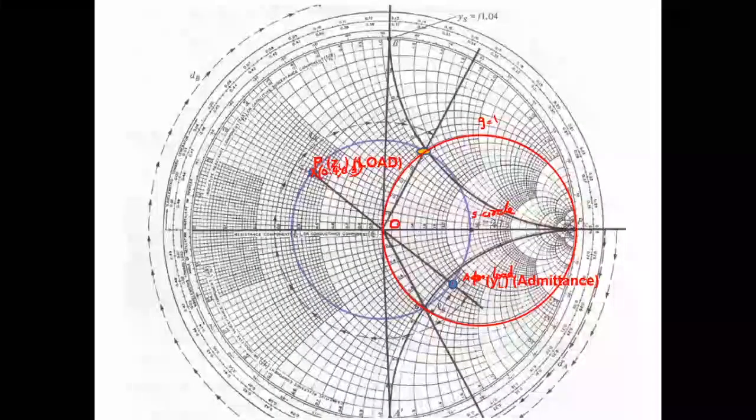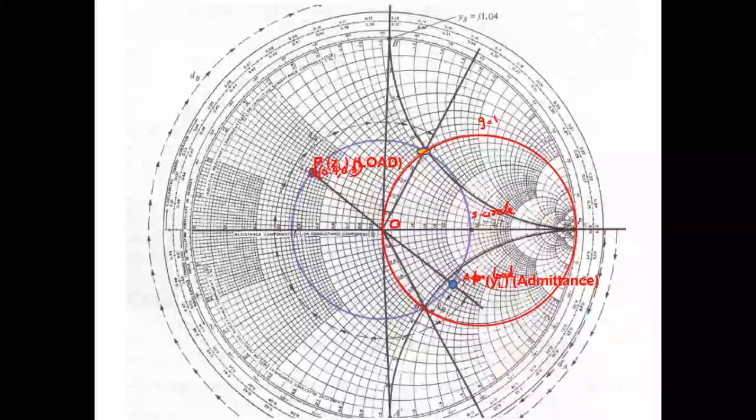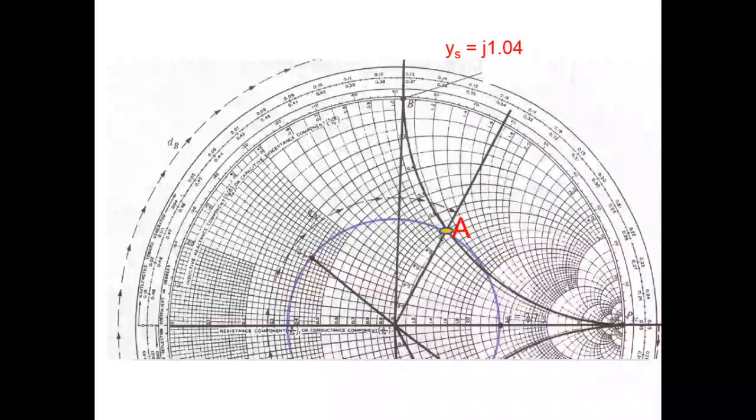After that, you identify the G equals 1 circle, because the first thing in stub matching is the load impedance, then the corresponding admittance, then you draw the S circle, then you draw the G equals 1 circle. These two circles meet at 2 points. One is A, and here it's more clear.